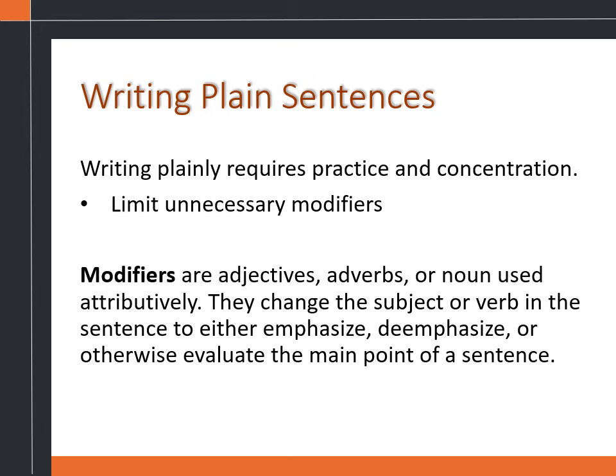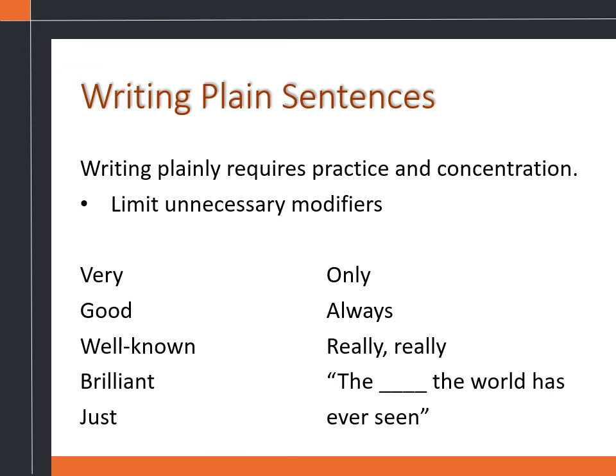To conclude this lesson, let's think about modifiers. Now, we learned last week that when we write in a plain academic style, we want to limit modifiers as much as possible. And that modifiers are essentially adjectives, adverbs, or any noun used attributively. They change the meaning of another word in some way. We also remember the examples that we discussed in class.